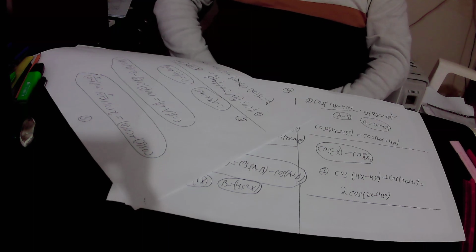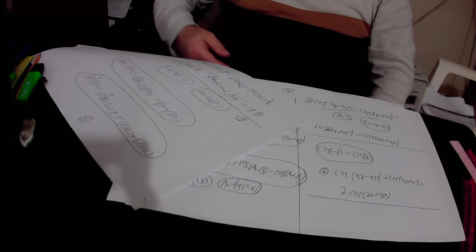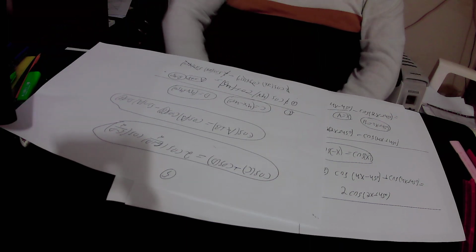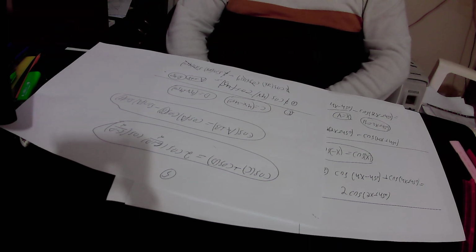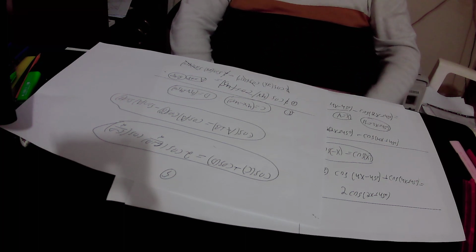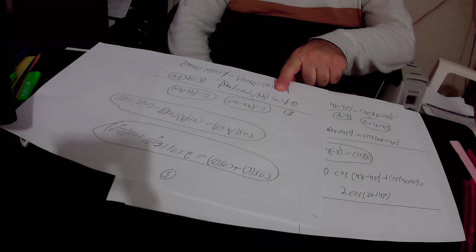Again, cosine c plus cosine d is 2 cosine c plus d over 2. C plus d is 4x plus 4x over 2 is 4x. And minus 45 degrees plus 45 degrees is 0. So here we will get 2 cosine 4x.